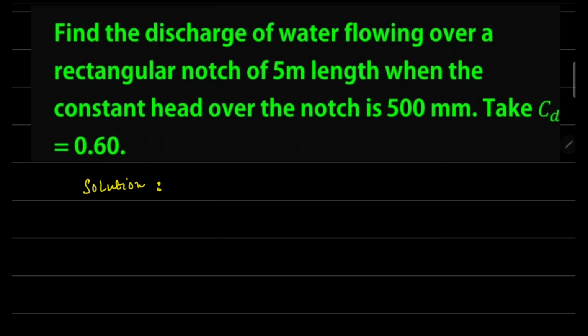The length of the notch is given as L equal to 5 meter, and the head over the crest of the notch is 500 mm, so that is 0.5 meter, and the CD value is also given to us, that is 0.6.